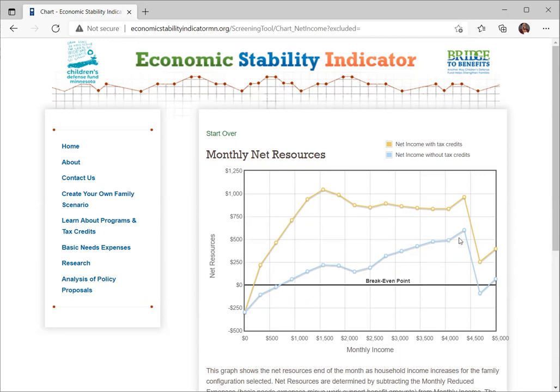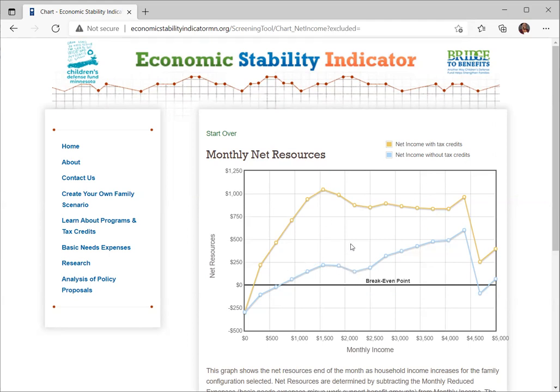And this blue line represents what's left over. So when that family brings in their income and their reduced expense, this is where they're at once they have income. And this gold line here is reduced expense, income minus reduced expense, and then what's left over plus the tax credits.